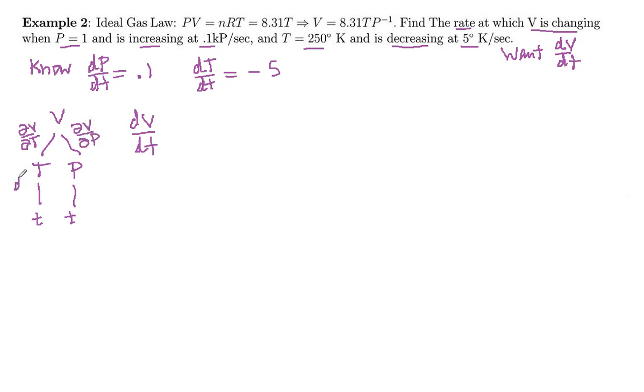And then here we'll have dT/dt and dP/dt. And you multiply down the branches and then add up the separate branches. So this will be dV/dT, temperature, times dT/dt, plus dV/dP times dP/dt.